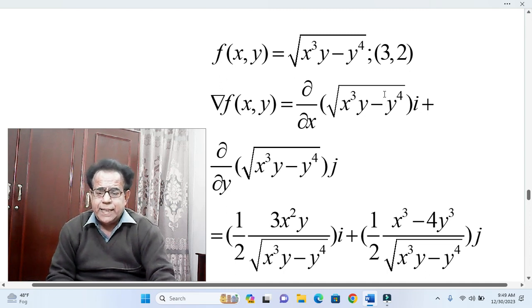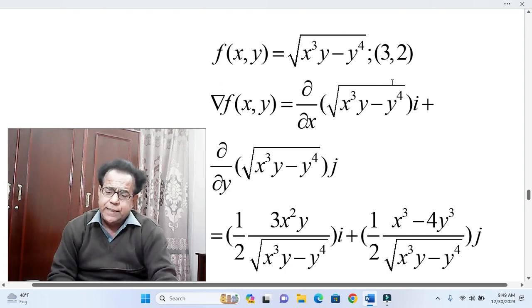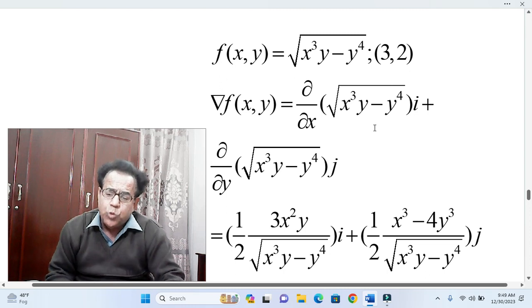Dear students, the method is that under root is equivalent to power 1 by 2. So first we will take 1 by 2 here, and this 1 by 2 will be made 1 less, that is 1 by 2 minus 1, it will become minus 1 by 2, and minus 1 by 2 means 1 by 2 in the denominator.